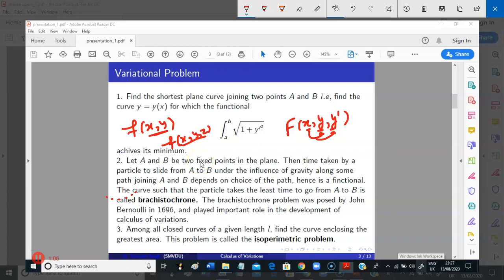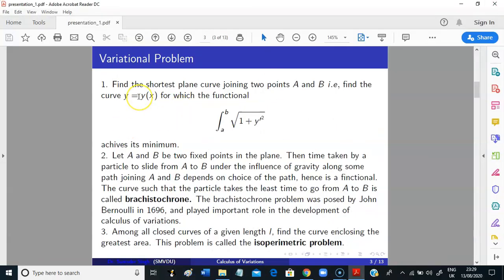To have more understanding regarding this, here we are considering these three numericals. The first statement is the very basic one: the problem of finding the minimum distance between 2 points on a plane, the problem of determining a curve of minimum distance between 2 points.